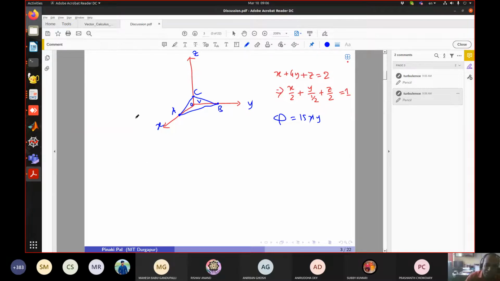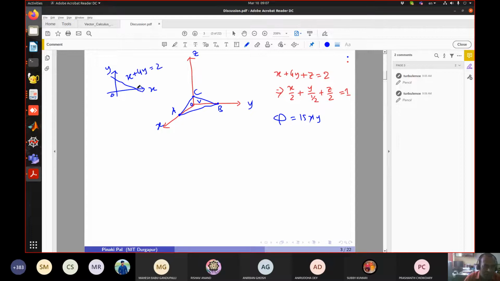To determine the limits of x and y, we have to look at the projection of this region on the xy plane. So what is that? Let us have a look at it. On the xy plane, this is the line given by x plus 4y equal to 2.